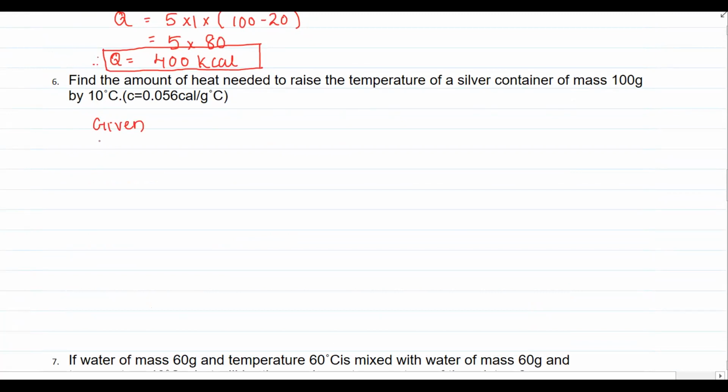Mass of silver container, M is equal to 100 gram. Specific heat is given, 0.056 calorie per gram degree Celsius. To increase the temperature by 10 degrees Celsius, that means delta T is 10 degree Celsius.